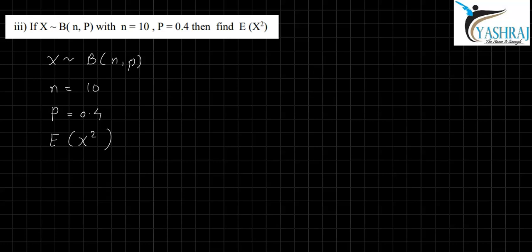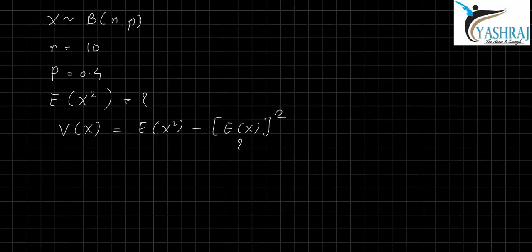Now for finding E of X square, we have the formulation of variance of a random variable, which is given by E of X square minus E of X the whole square. So try to evaluate firstly the value of E of X.